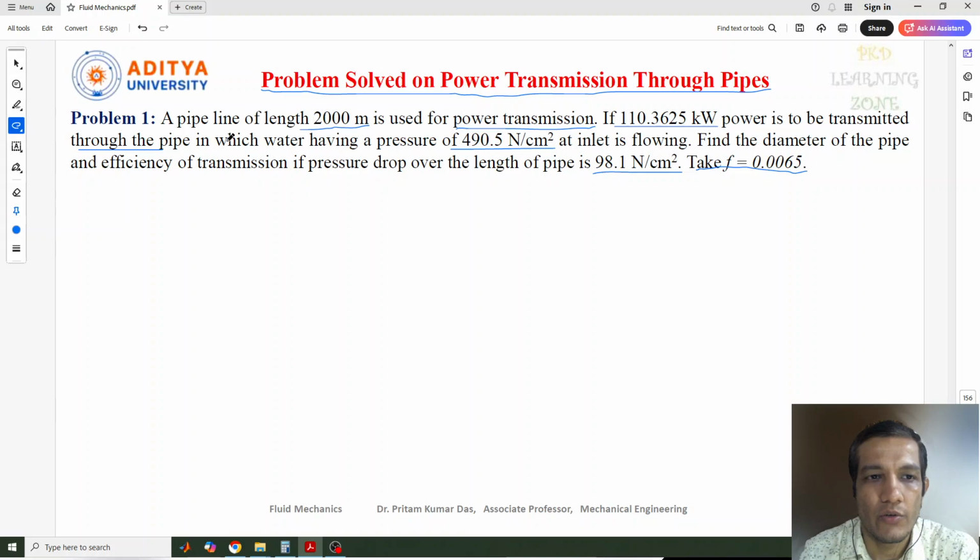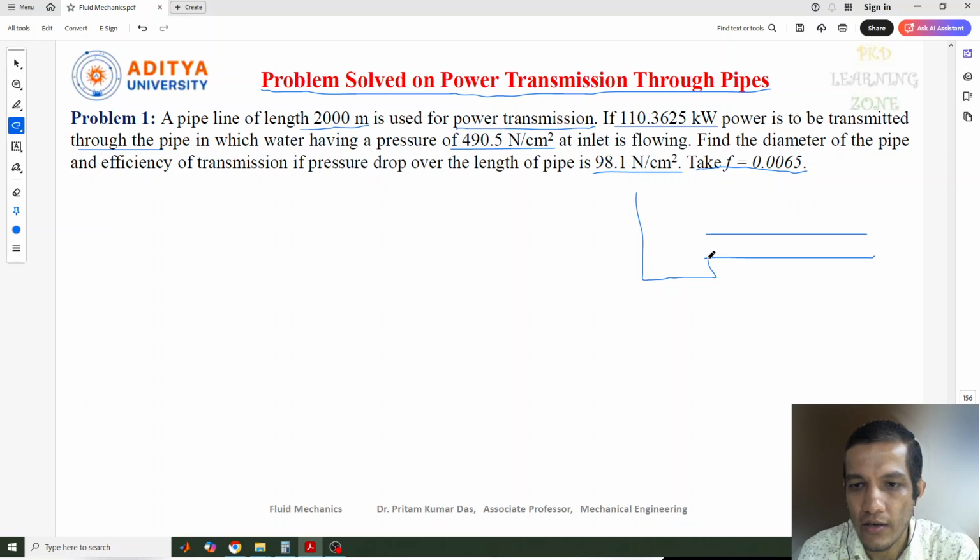Okay. So this is the concept of power transmission through pipes. Suppose through the pipes the fluid is flowing, it may come directly to this pipe, or we can join it with a container or any kind of reservoir.